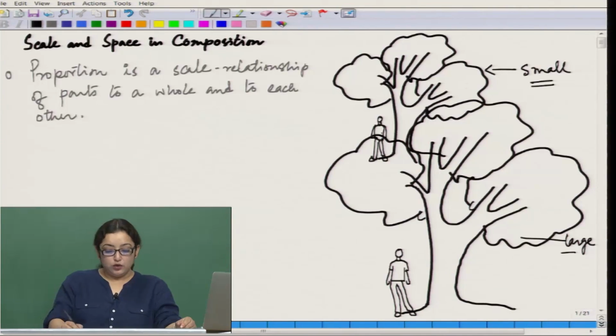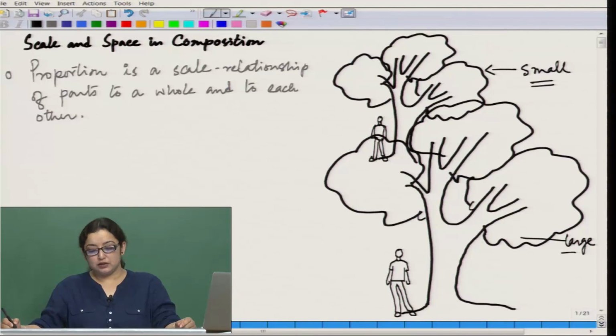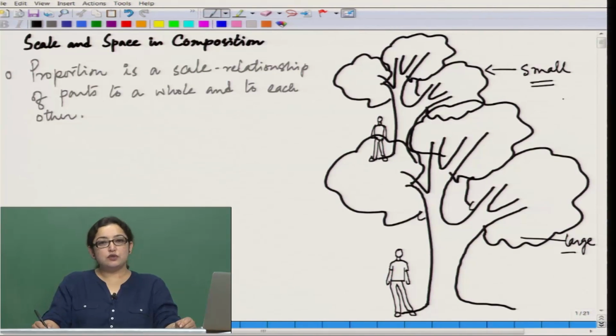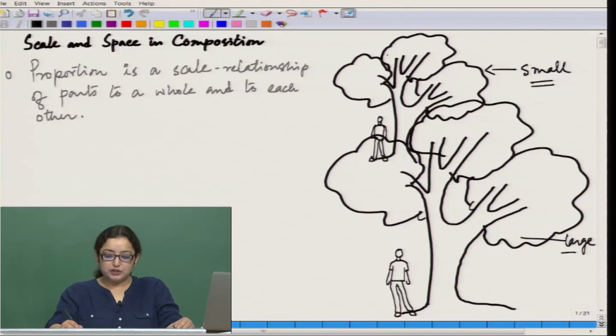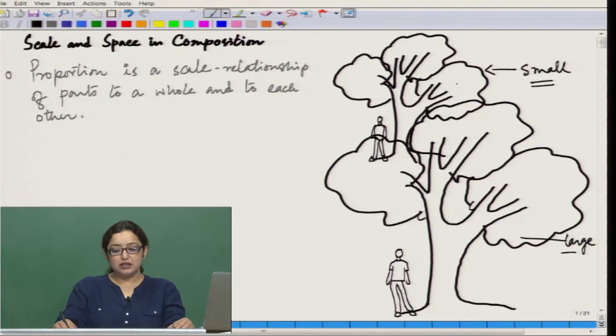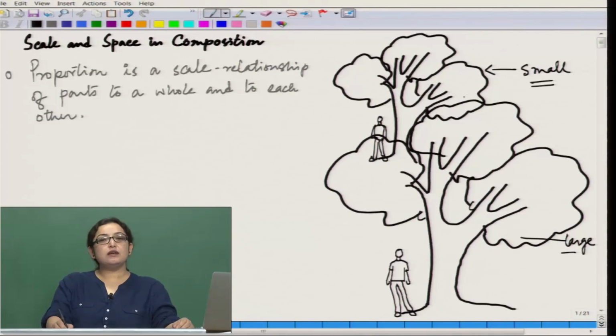Now, the moment we create another simultaneous relationship, the result will turn into something different. The composition will give us a different meaning. We will surely see that this particular tree is not actually small, but only placed farther away.